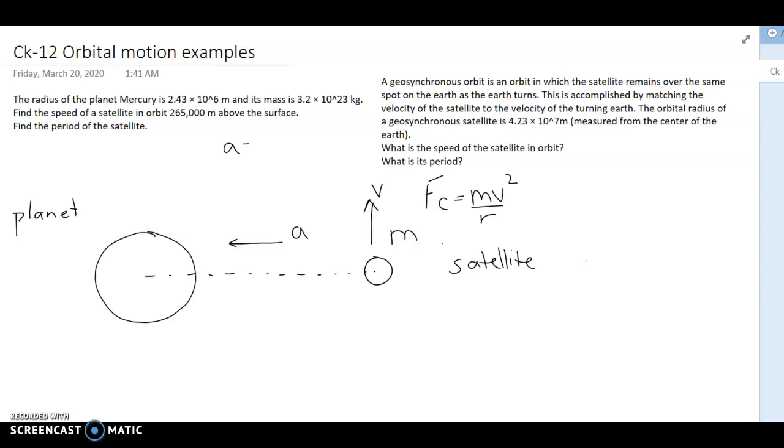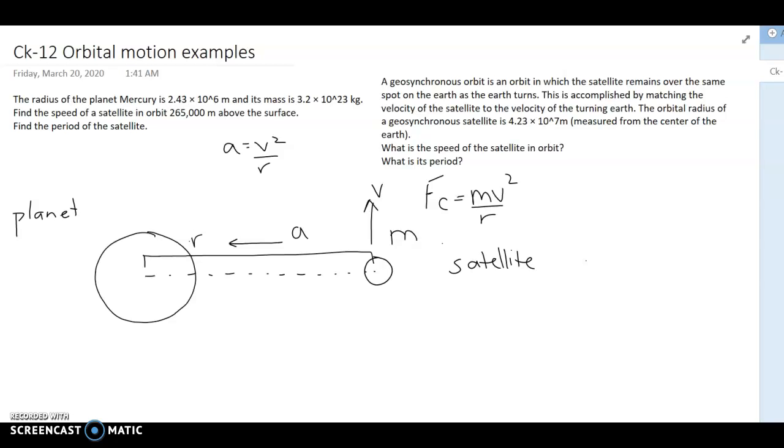That acceleration is equal to v squared over r, which is why it's mv squared over r, because v squared over r equals a and F equals ma. And then we have a distance r, which is the radius between the center of the rotation and the center of the orbit and the center of the satellite or the object.